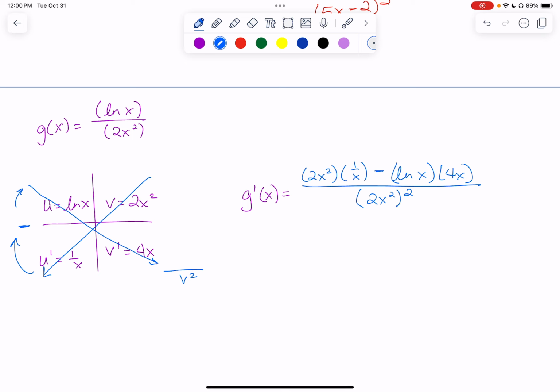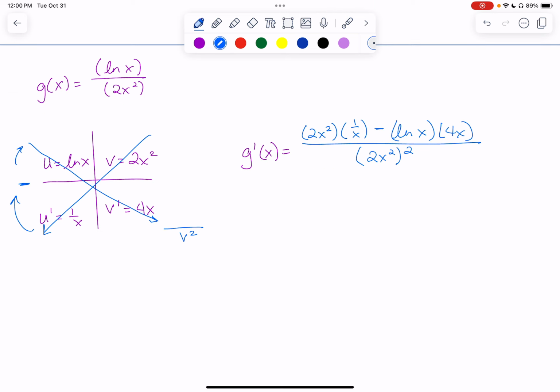I want to square that whole quantity, okay? So I'm squaring the 2 also. Don't lose that. It does cause problems. So here I'm going to have a 2x squared over an x on that first term minus 4x natural log of x all over what, if I multiply and actually square this, is a 4x to the 4th power.